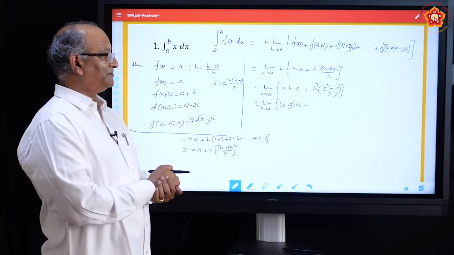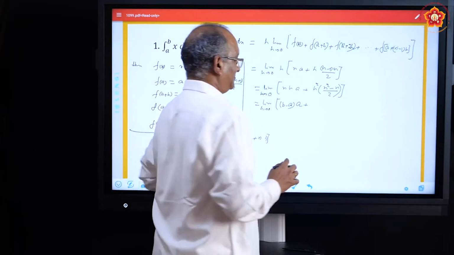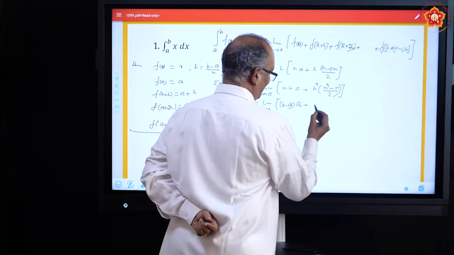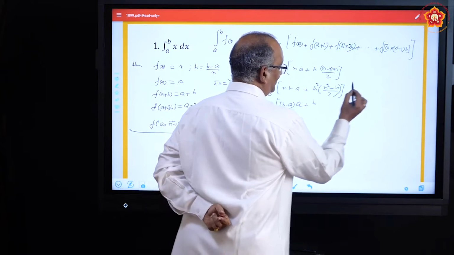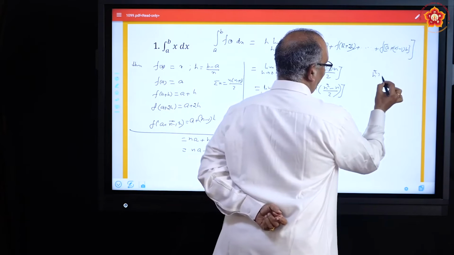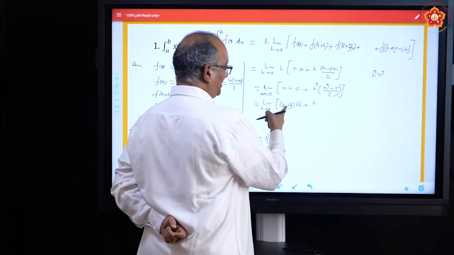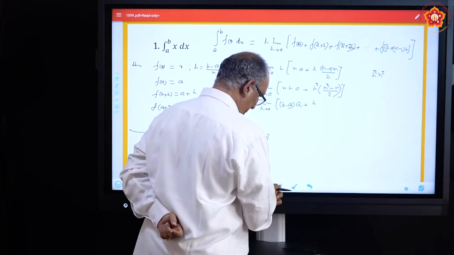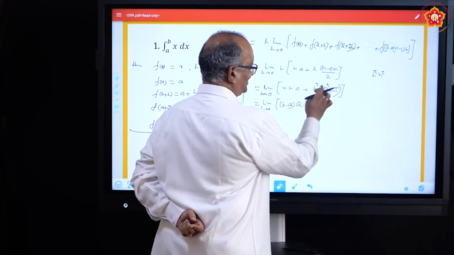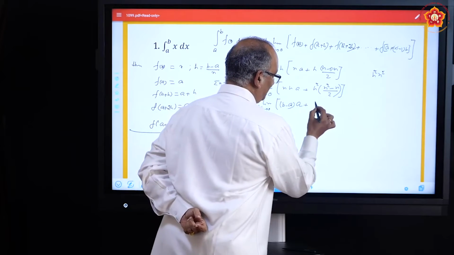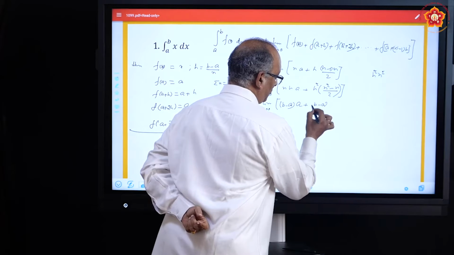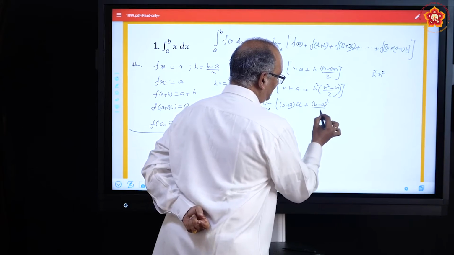Now multiply it. If you multiply, you will get h square n square. If nh is b minus a, we can say that n square h square will be b minus a whole square by 2.